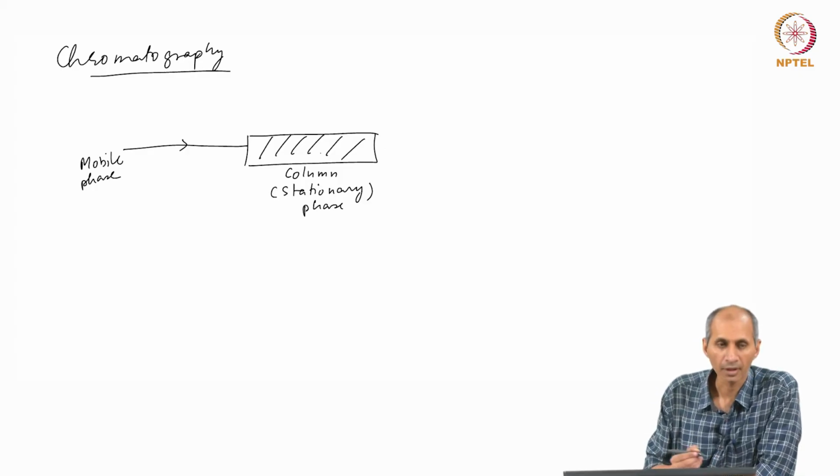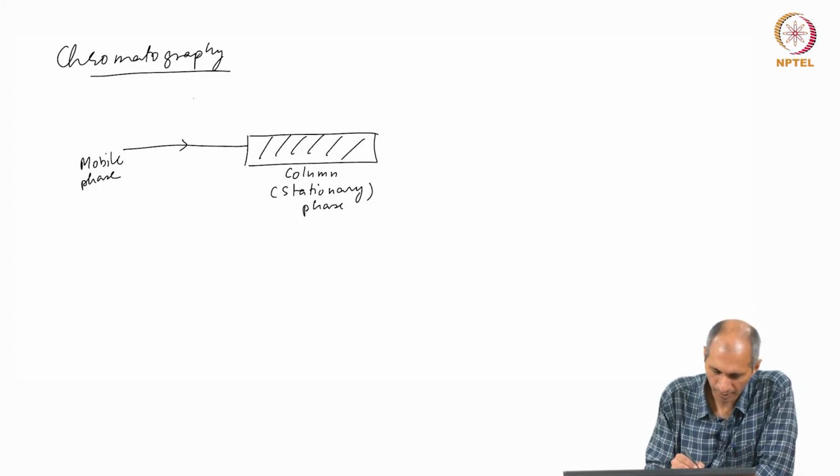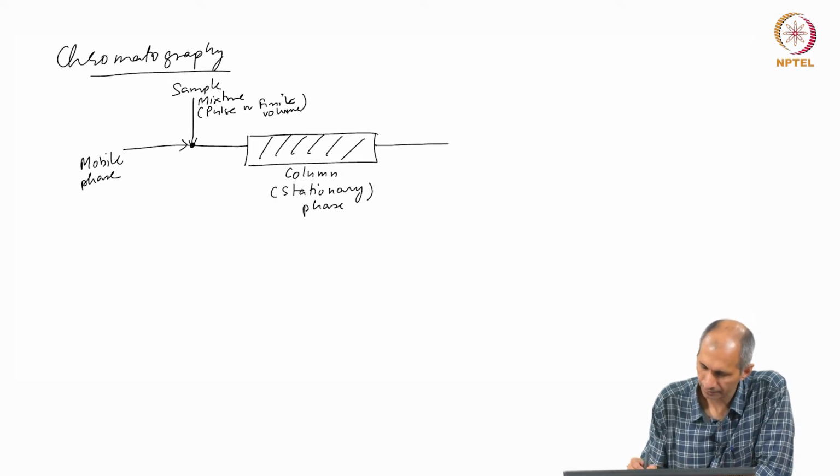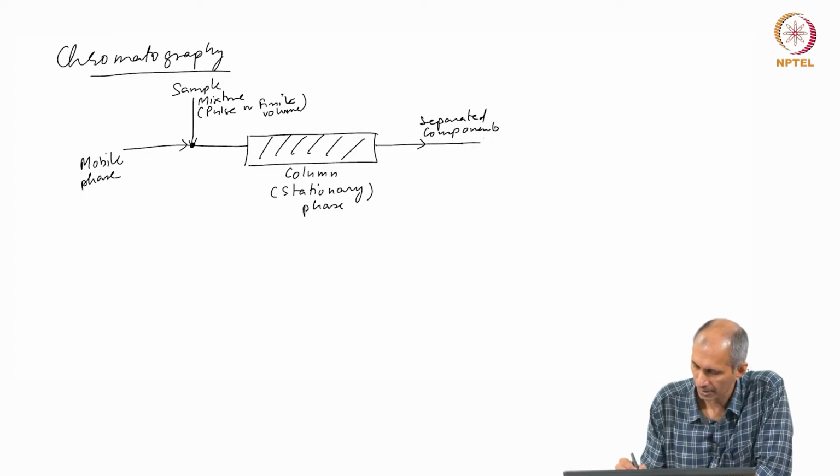Then you introduce the sample, which is a mixture, usually a pulse or finite volume, just before the column, and then you have the separated components coming out of the column, which are then detected.